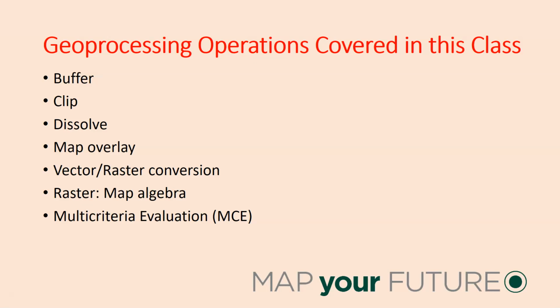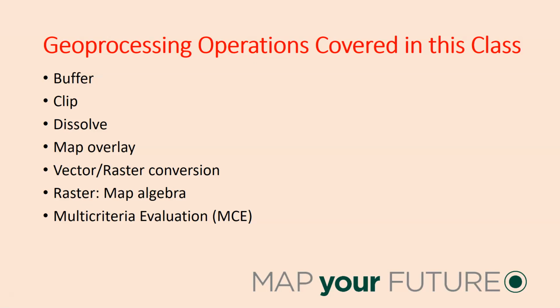First, we're going to start from very simple operations, buffer, clip, and dissolve. Then I'm going to move on to map overlay, a concept that sometimes confuses students, so listen to it carefully. I will mention conversion between vector and raster data.